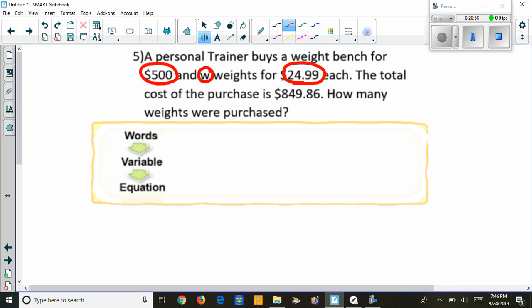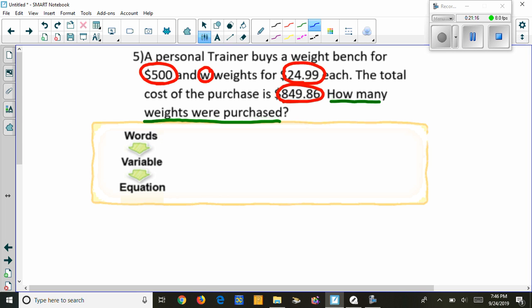The total cost of the purchase is $849.86. Next, I'm going to underline the question. How many weights were purchased? Now that's going to be W.